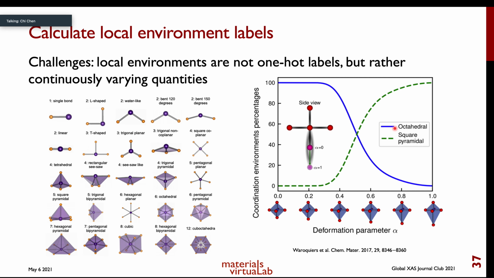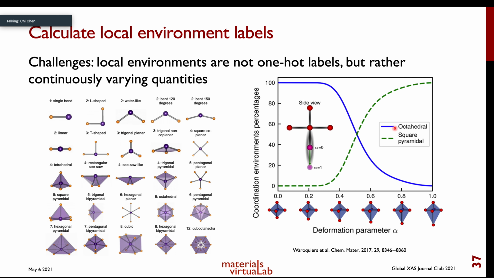And the algorithm that we use to calculate the local environment labels is based on the work published in 2017. So basically, in that work, you can first extract the local environment using some kind of Voronoi tessellation, and then you can compare your local environment to the different motifs, and you calculate a similarity score with respect to many different choices of motifs.